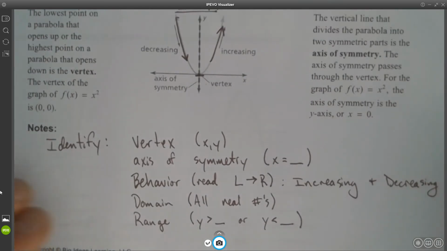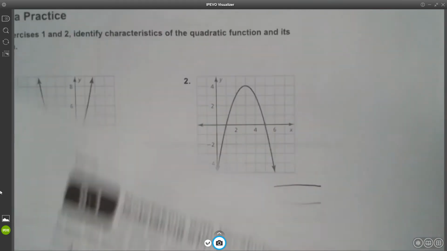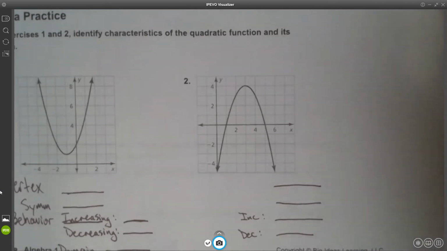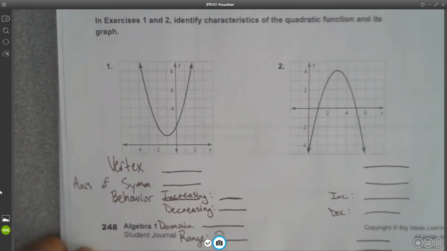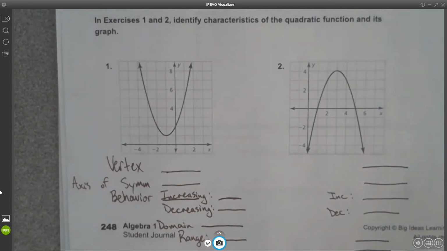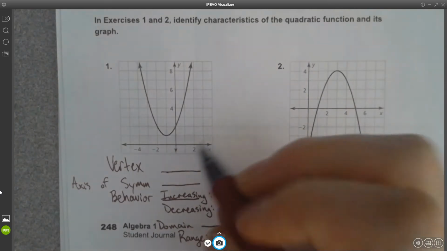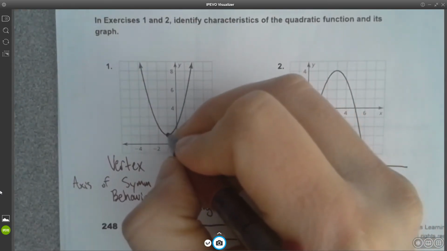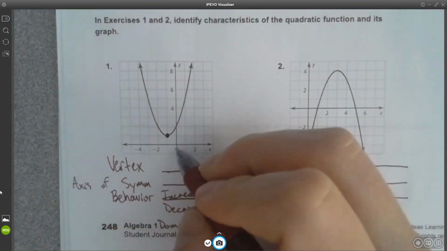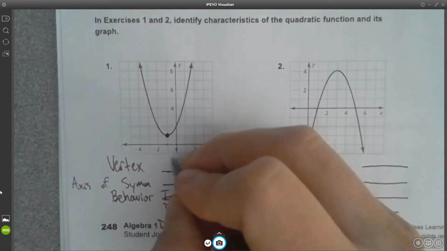So let's take a look at doing a couple of those. On the bottom at page 248, looking at these two graphs, if I want to identify the vertex of number 1, I'm just finding that point at the very bottom. So I can see that that is at -1, 1.